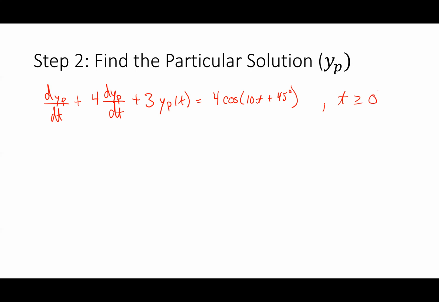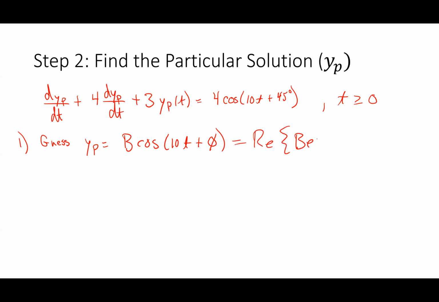So my step 1 was to guess yp equal to b cosine 10t plus phi, all right? Or that's the real part of b e to the j phi, e to the j 10t, all right?